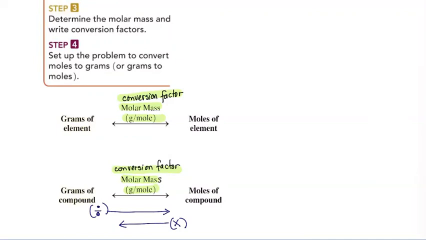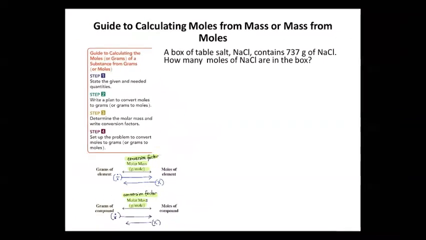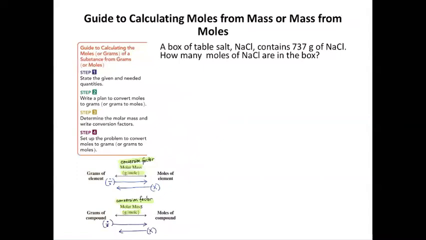So let me just make those notes here too. If we're going in this direction of our conversion, we are dividing by the molar mass. If we're going in this direction, we are going to multiply by the molar mass. So in the problem that we have in hand, we specifically have to divide by the molar mass.